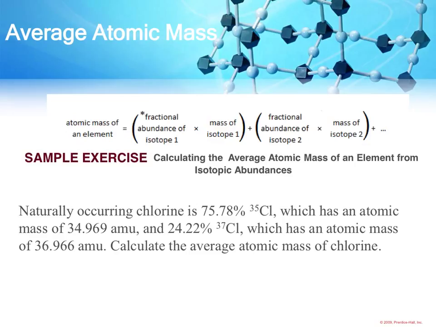Chlorine has 2 naturally occurring isotopes, chlorine-35 and chlorine-37. Use the formula that I just gave you for average atomic mass and calculate the average atomic mass of chlorine. I would recommend stopping this video and then turning it back on to check your answer with mine.